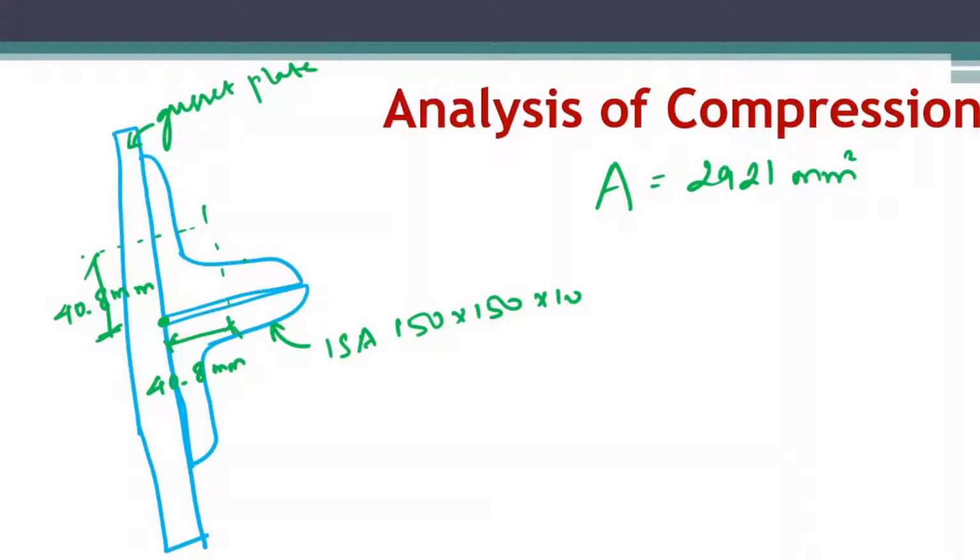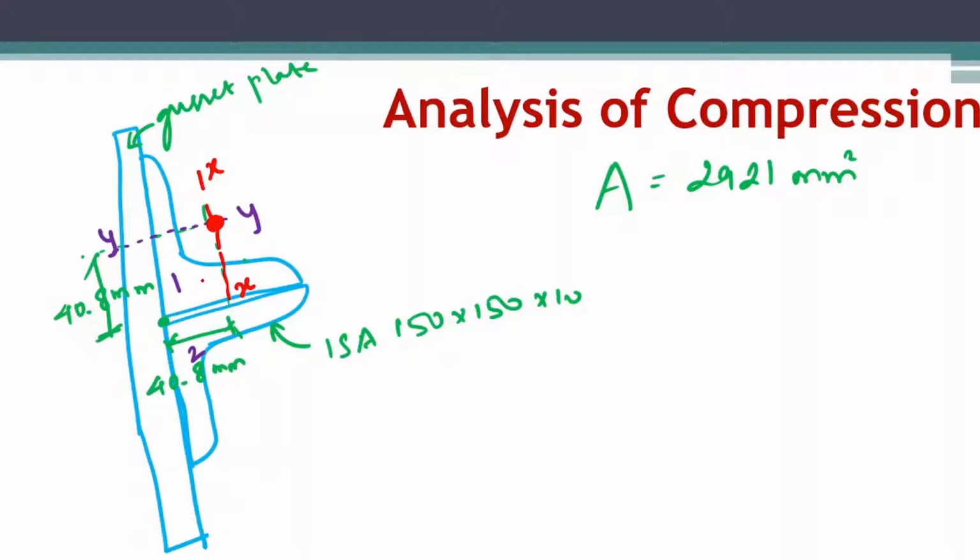See, now this is the axis, small y, small y, of the individual angle. See, we have angle one and angle two. I am talking about only one angle. And this is the axis xx. And this axis is also the xx axis of the individual section. Here is where the CG of the member lies.